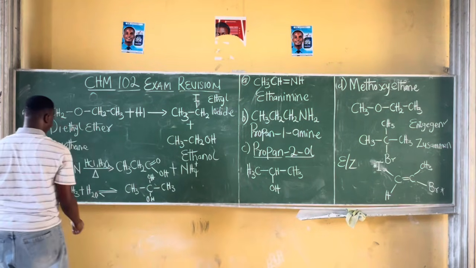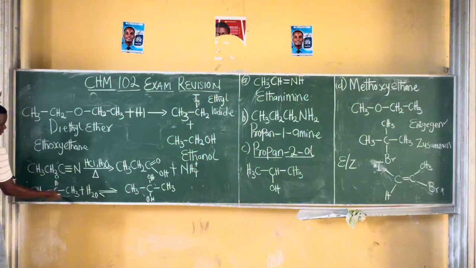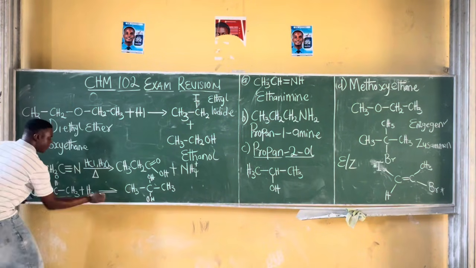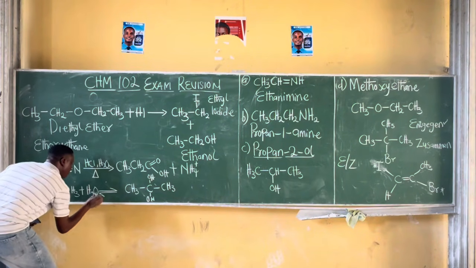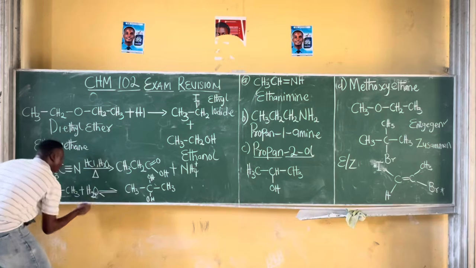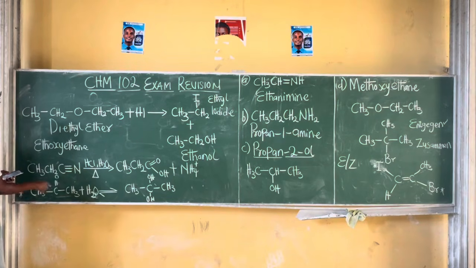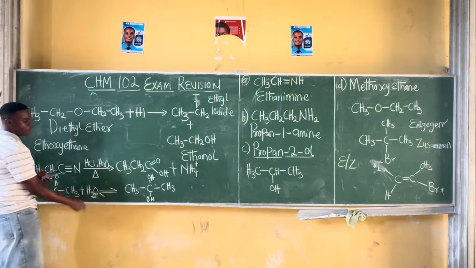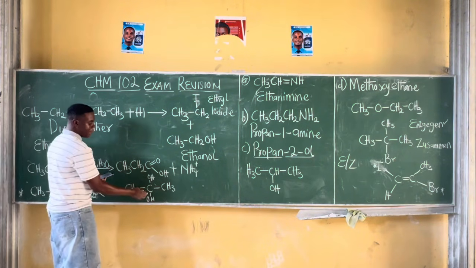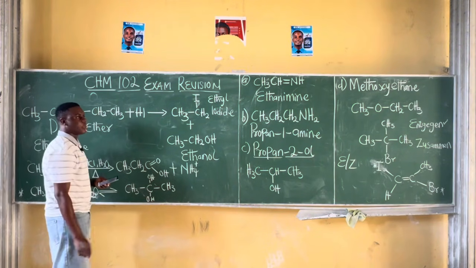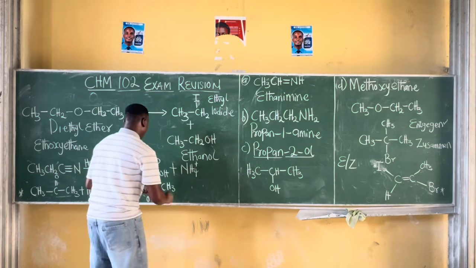All right, so the reaction of this is propanone and this is water. You can see the double bond, which makes it propanone, and water will give you this compound here. Now, what is the name of this compound?